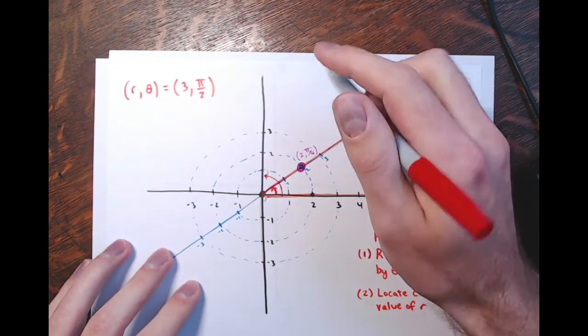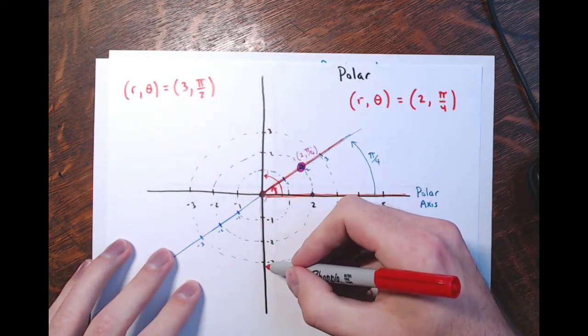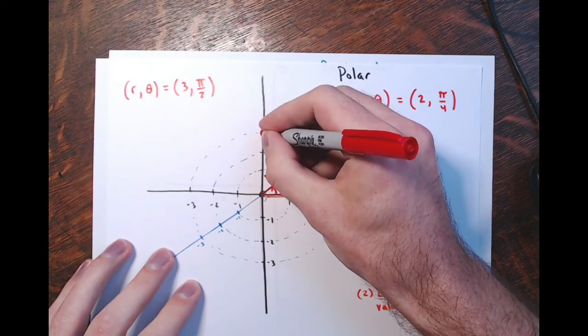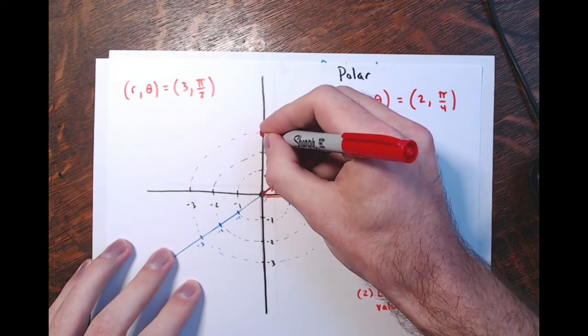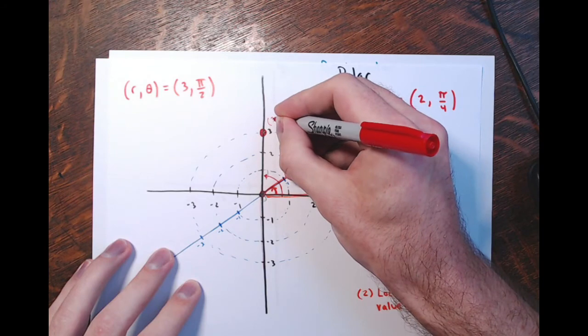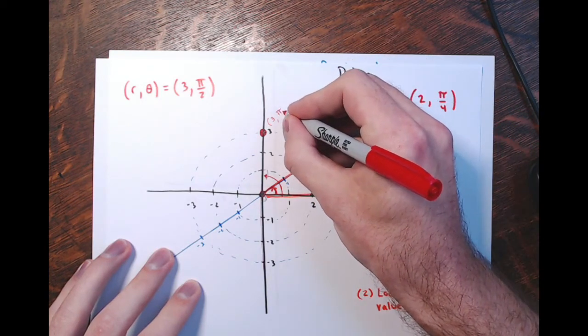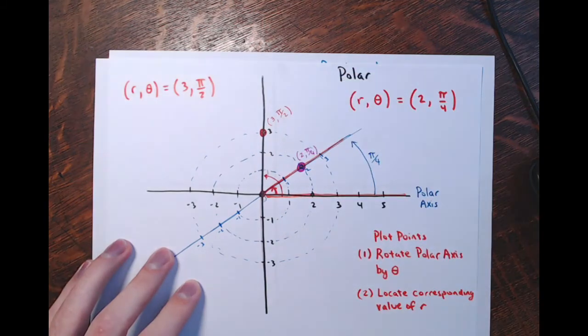And then locate positive 3 on this vertical axis. So that'd be this point right here, the point with a radius r of 3 and a theta of pi over 2, or 90 degrees.